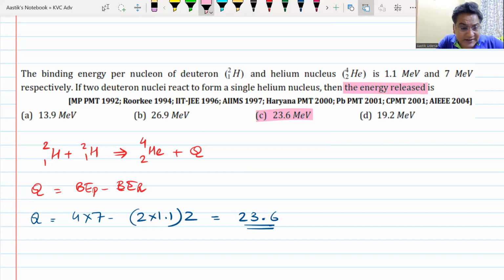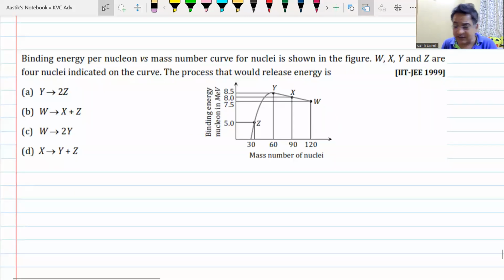Okay, that takes me to the last question for today's class, and this is a question from one of the IITs. Just to emphasize the importance of the diagram that we have done, this is how it is framed. The binding energy per nucleon versus mass number curve for nuclei is shown in the figure. W, X, Y, Z are the 4 nuclei indicated on the curve.